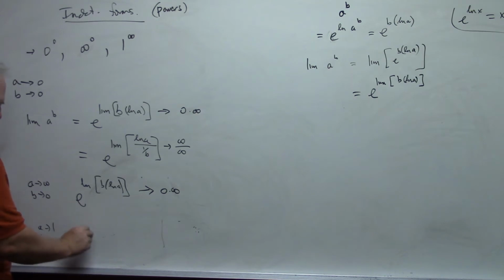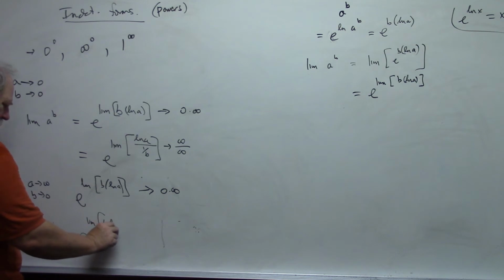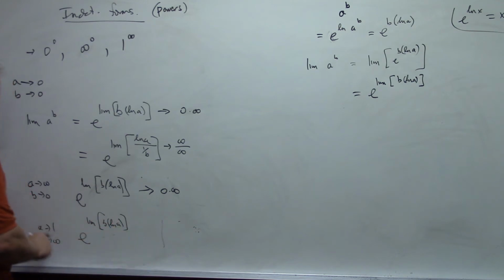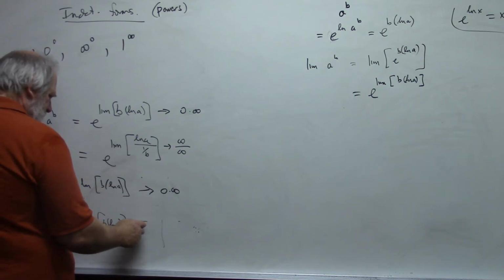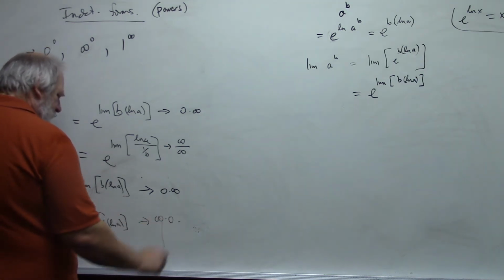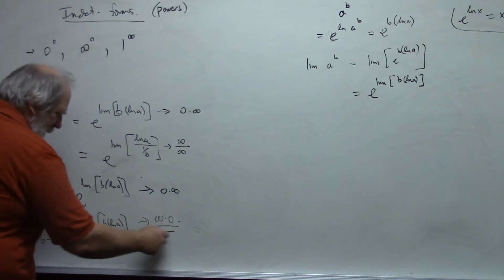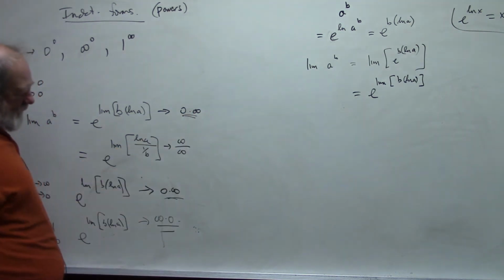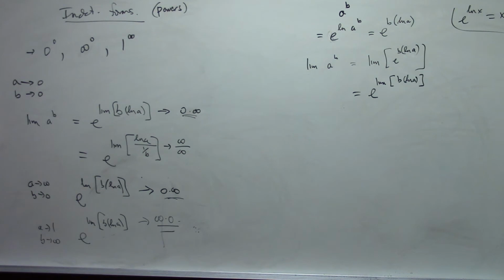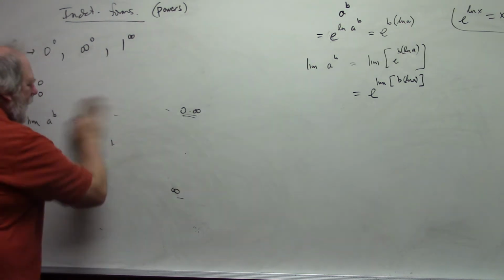When I convert it, a approaching 1 means natural log of a is approaching 0, b approaching infinity, and so this is an infinity times 0. So in all cases, we get a 0 times infinity, or infinity times 0 form. And so therefore, we can use what we did previously. Let's look at a specific example of how this works.